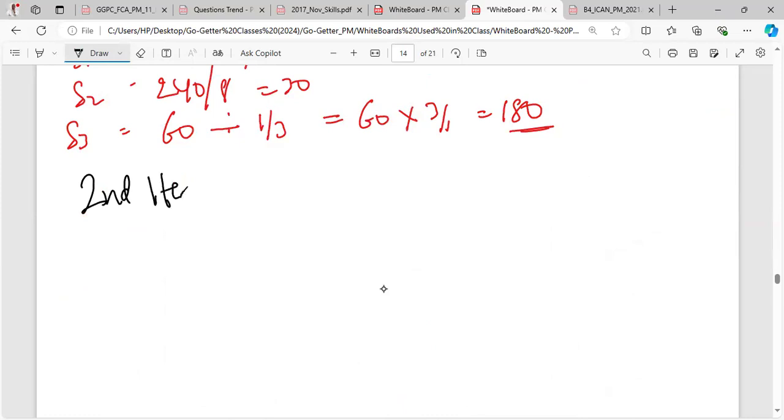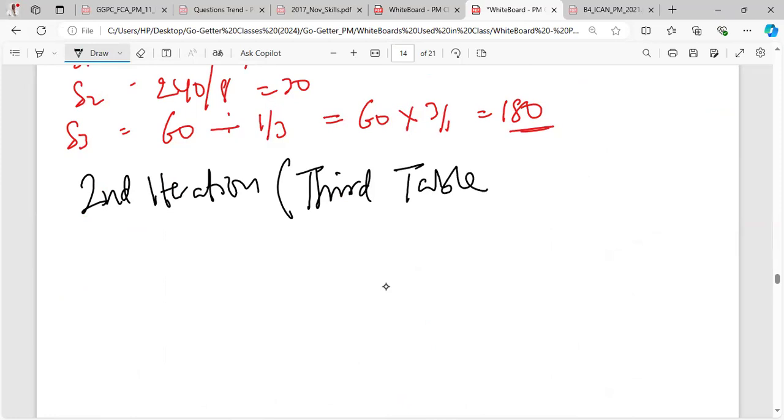Second iteration. Third table. Okay, so we have this third table.